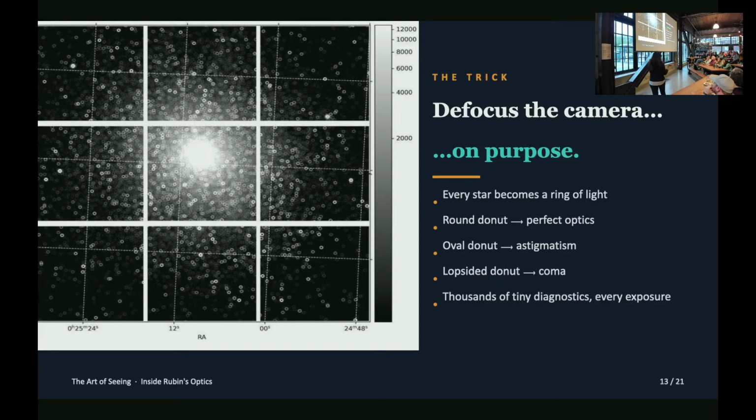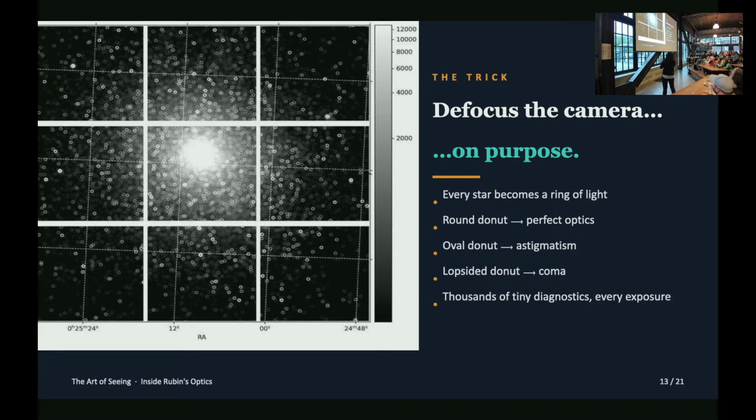So how do we do this? To do this, we take out of focus images. When you take out of focus images, instead of looking like a point, if you remember from the first pictures, you have the secondary mirror blocking the light, and you have the primary mirror. So when you take an out of focus image, they look like donuts.